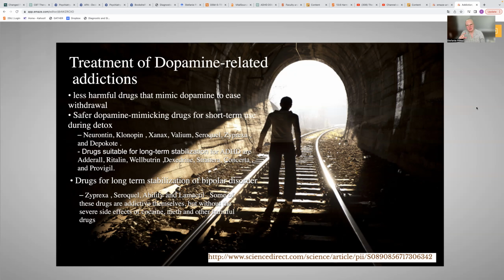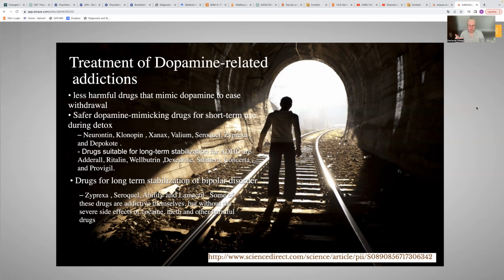Then you need to figure out what they need long-term, okay? Is it possible that they have ADHD? Is it possible that they have bipolar disorder? Is it possible that they have schizophrenia or something of a schizophrenia type disorder, like some of the personality disorders also have dysregulation in dopamine?